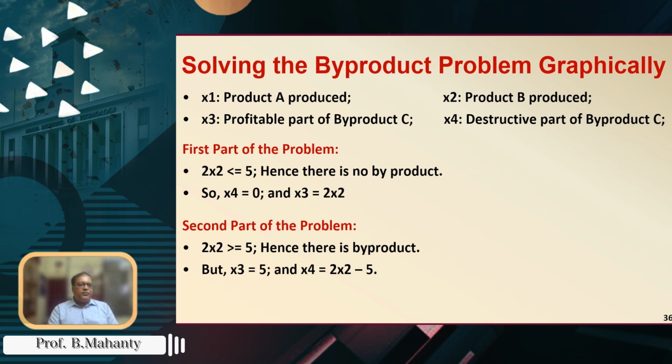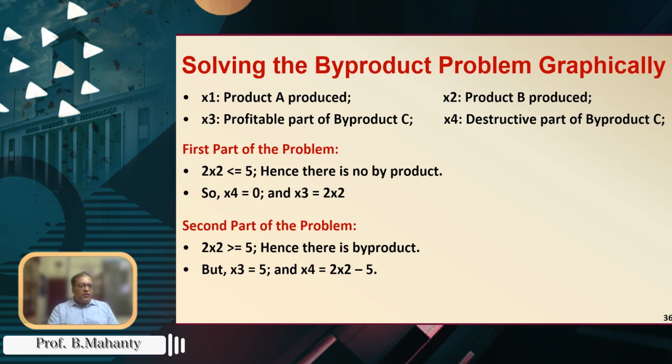In the first part, 2x2 is less than or equal to 5, hence there is no destructive part of the byproduct. So x4 equals 0, that means the destructive part vanishes, and the profitable part x3 becomes 2x2. Is it all right?